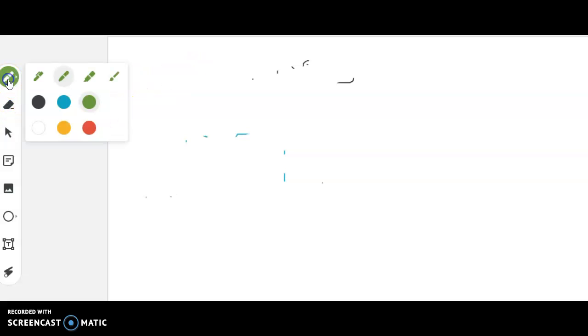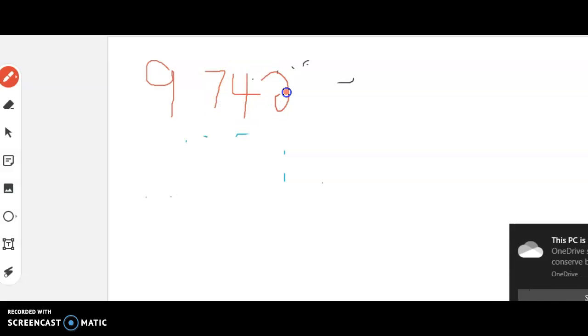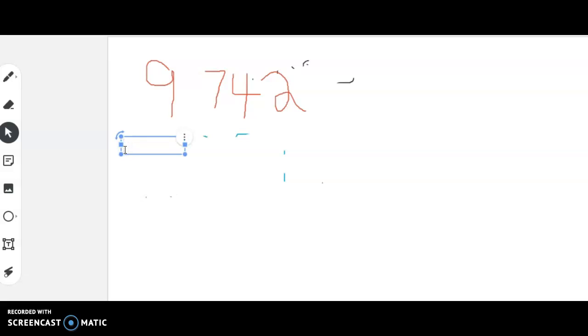So let's say our number is 9,740. When we go to write that out in expanded form, we are writing out 9,000 plus how many hundreds do we have? We have 7 hundreds, right? How many tens do we have? 4, so it's 40 plus 2 ones, right?